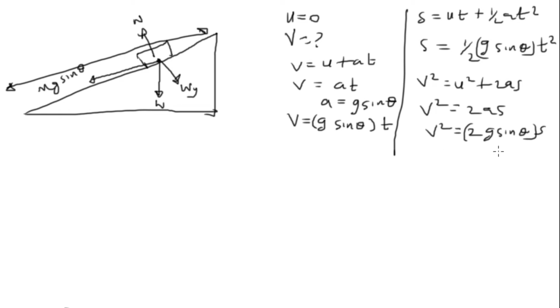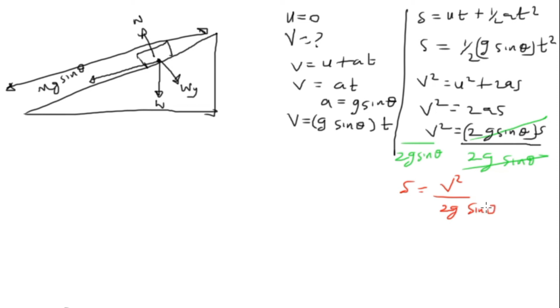If you divide both sides by 2g sine theta, then this will cancel out, so that s, which is the distance along the inclined plane, will be equal to v squared upon 2g sine theta.